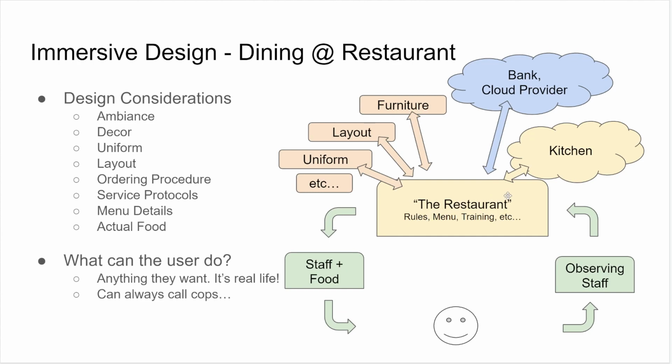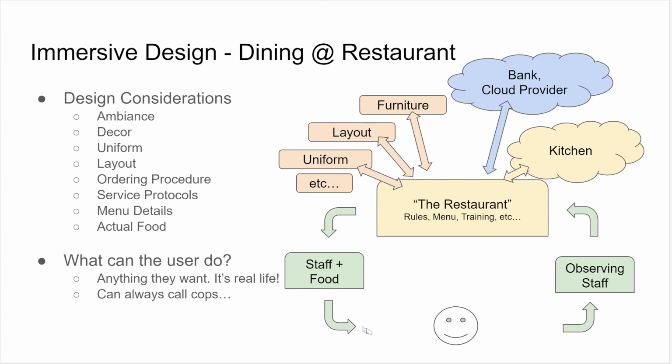So you could have a situation where you've ordered something really popular and they've run out of ingredients. Kitchen reports back saying, we've run out of ingredients. And then the staff would then tell you they've run out of that particular thing. You need to order something else. And then the whole ordering happens again.